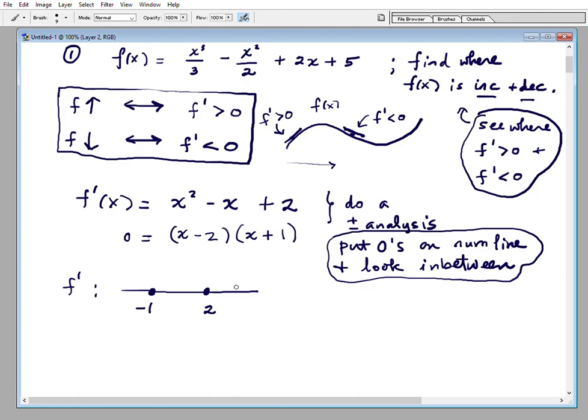And I just substitute in things in between, like something bigger than 2, like 3. We substitute in 3, we get 3 minus 2, and here we get 3 plus 1. They're both positive. Here, between minus 1 and 2, we have 0. If we substitute in 0, 0 minus 2 is negative, and 0 plus 1 is positive.